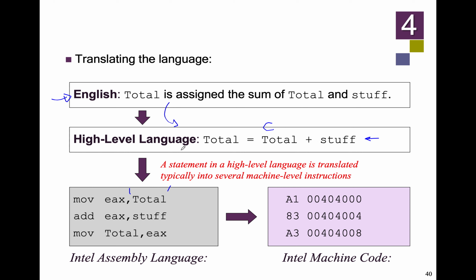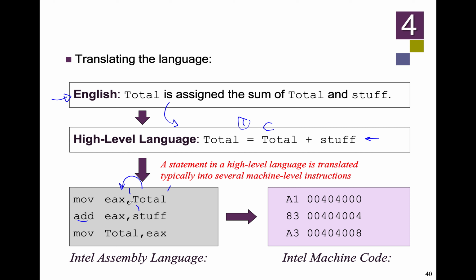After that, you can see that when you want to do this similar process using your assembly language, you need to have several lines instead of just one line in your C programming. So first, you're going to move your total to the register, and then after that you need to add, because the total is already inside your register EAX.